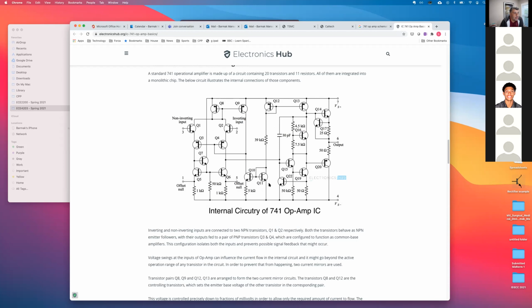Same with Q12 and Q13. If you were thinking of the signal traveling through your op-amp, typically the signal is traveling through NPNs, and your PNPs are the ancillary, adjunct circuits to make sure the NPNs are biased correctly.